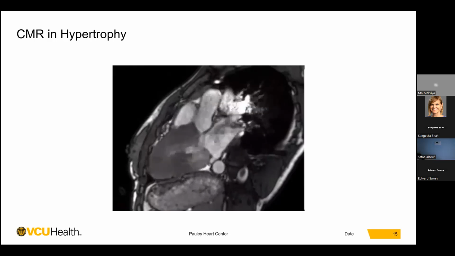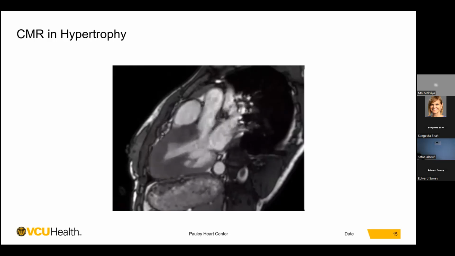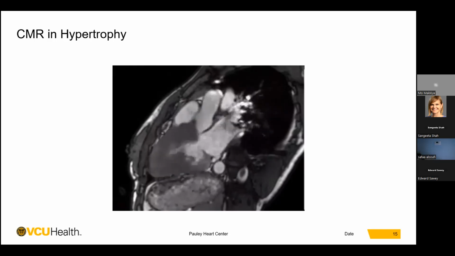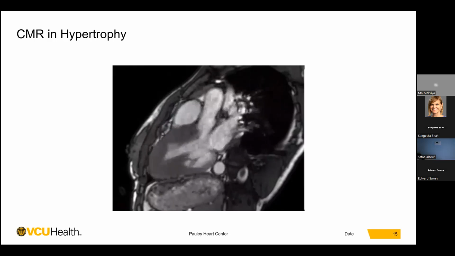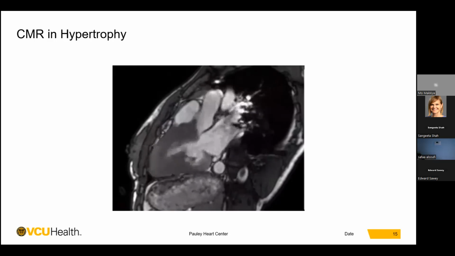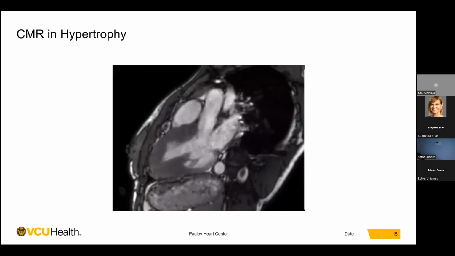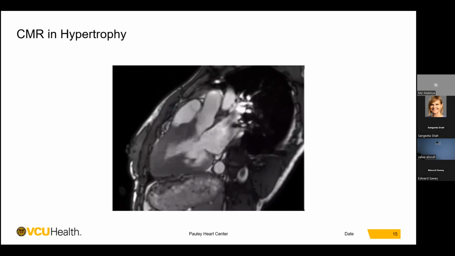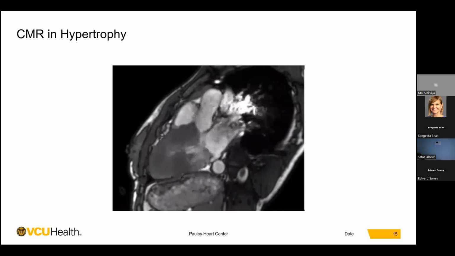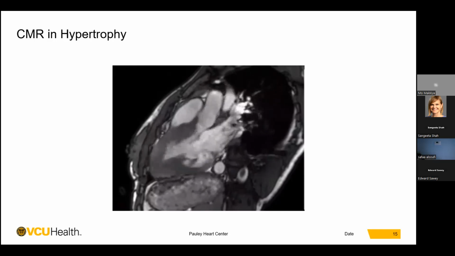Late gadolinium enhancement imaging provides a non-invasive tissue characterization by identification of the hypertrophic cardiomyopathy associated interstitial fibrosis. Phase contrast imaging or flow sequences can be used to quantify the outflow tract peak systolic velocity.